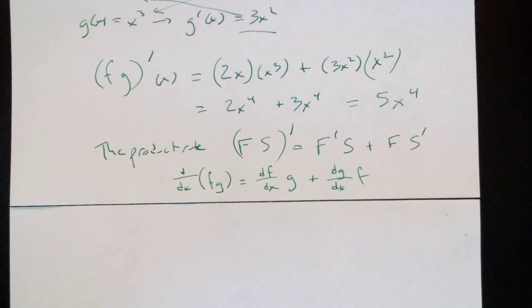I like the first version better because I like the prime notation better, but that's me. It's almost a mathematical catechism. The derivative of the first times the second, then plus the derivative of the second times the first. That's all this says. This works for every differentiable function, period.